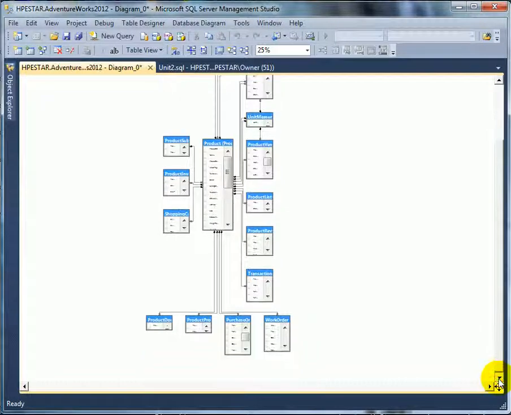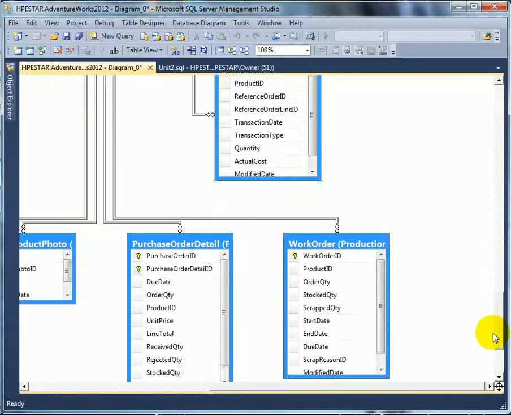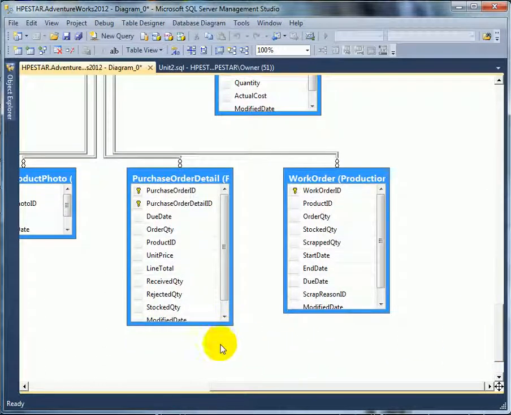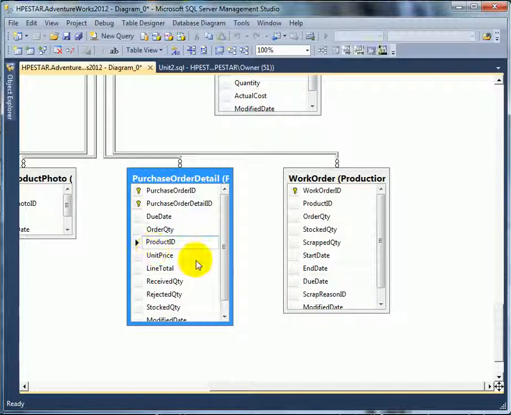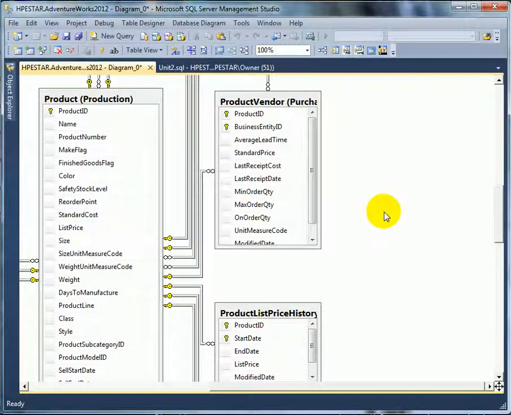So for example, if we look in the purchase order detail table, we see product ID defined as a foreign key to product ID of the primary key in the product table.